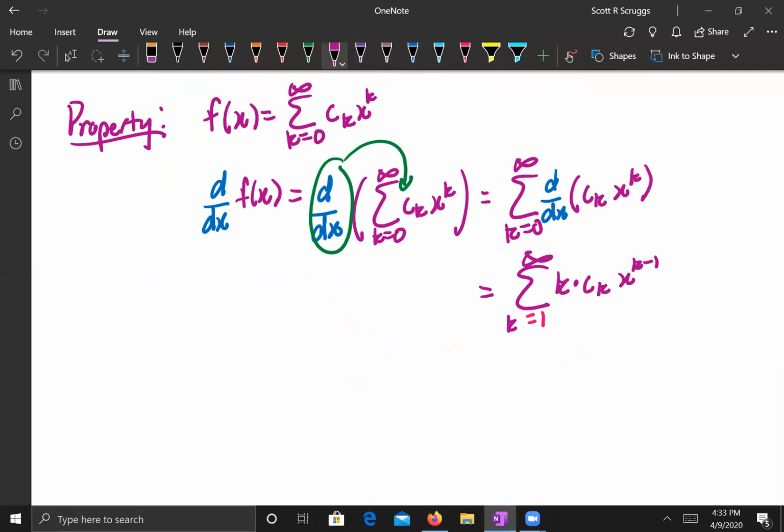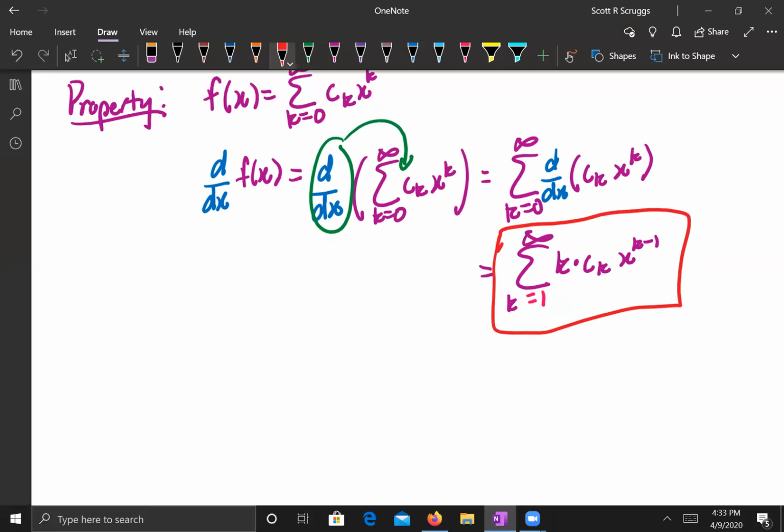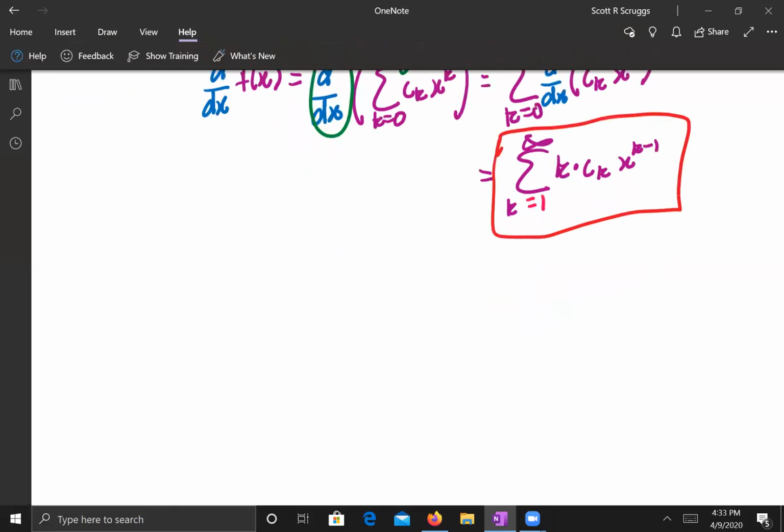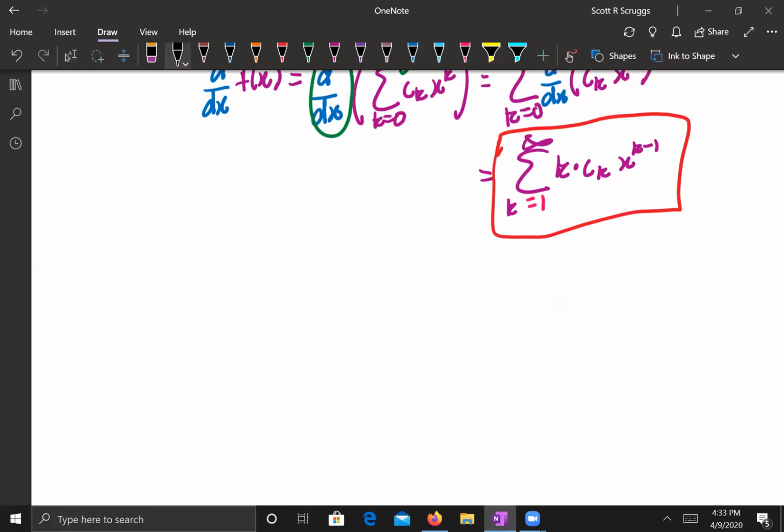Keep in mind that I'm starting at 1 now, not 0, because at k equals 0, I just have a constant, and a derivative of a constant is 0. So that's going to be the property that we're going to be using for the next series of exercise problems. And so I'll do the first one, and then I'll give you all other problems to work with.